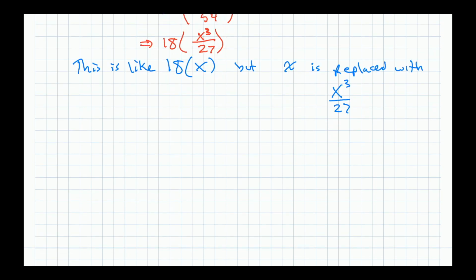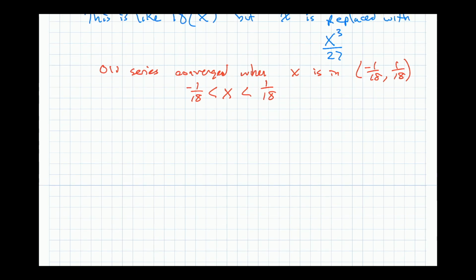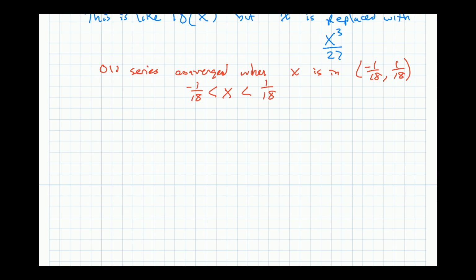So the old series was this. The old series, or the original one, converged when x is in -1/18 to +1/18, right? So that's this, x in between -1/18, +1/18. Now we're going to replace that x with x cubed over 27.